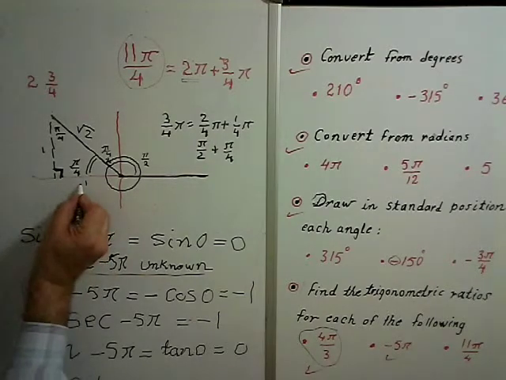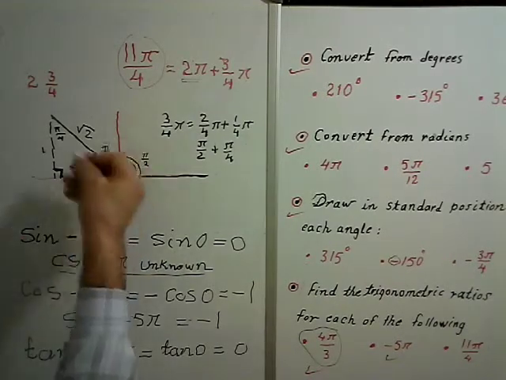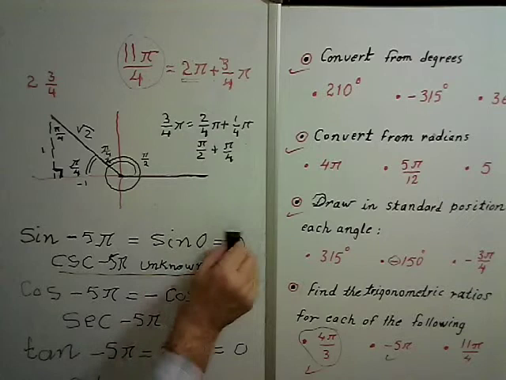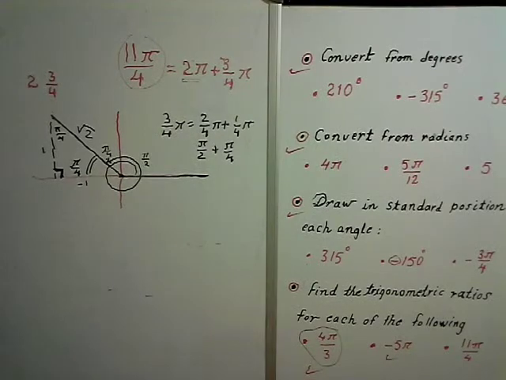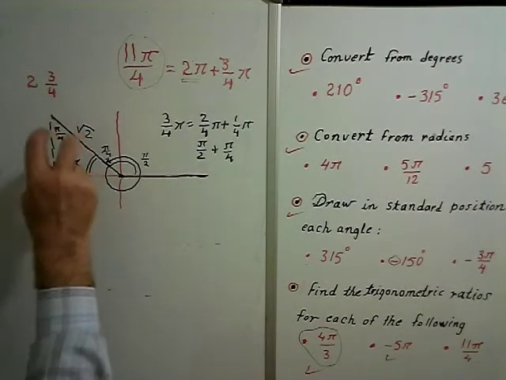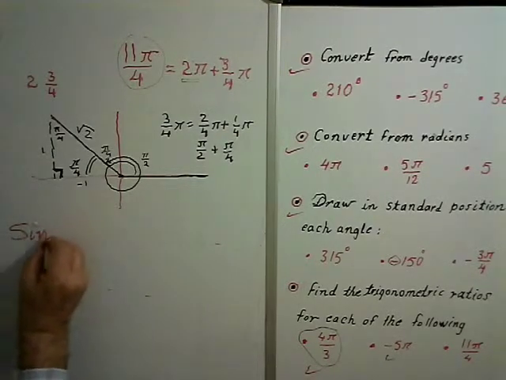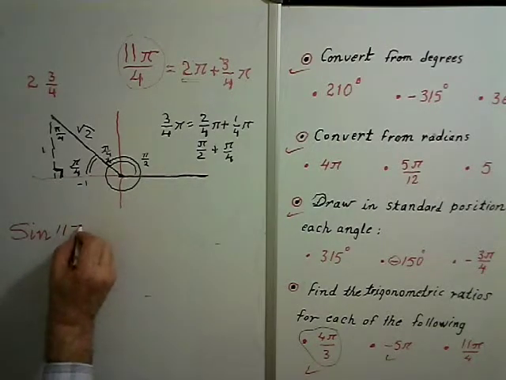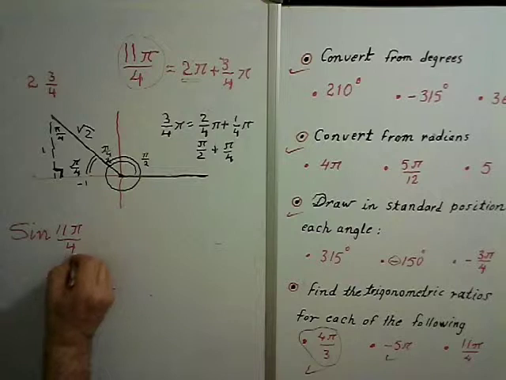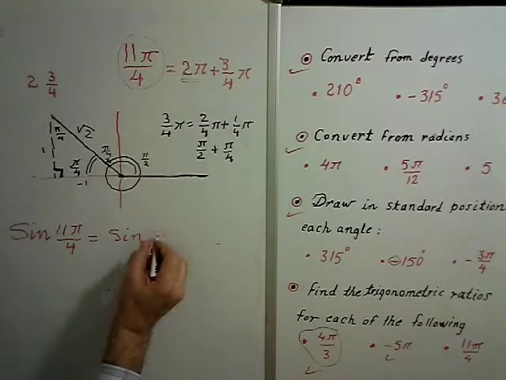But here this one is negative, you see? It's because it's in this direction, which will give you the values. You will write them by considering the negative and positive. The angle lies in the second quadrant. In the second quadrant we said sine is positive. Sine 11 pi over 4 is the same as sine pi over 4.